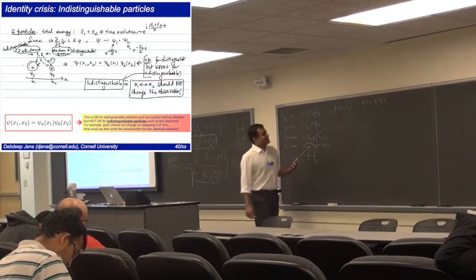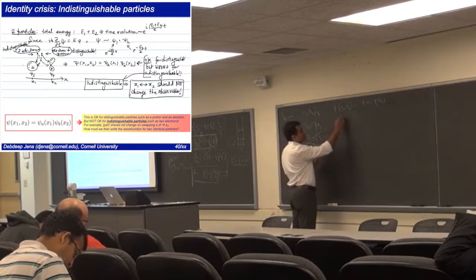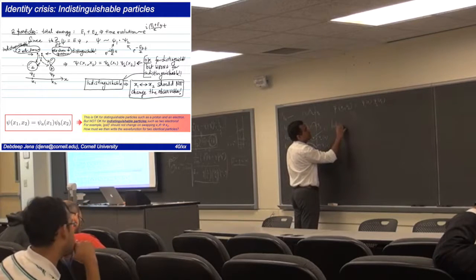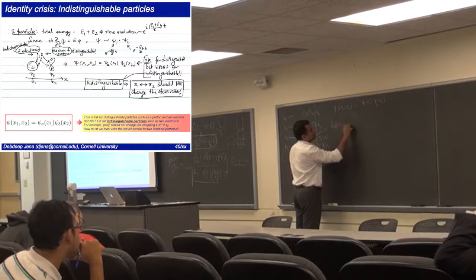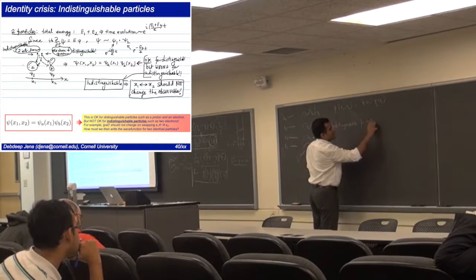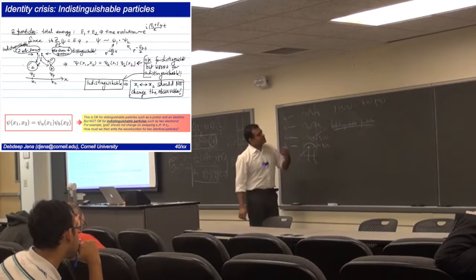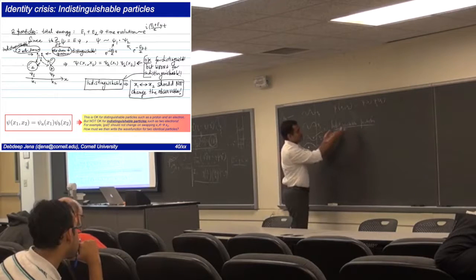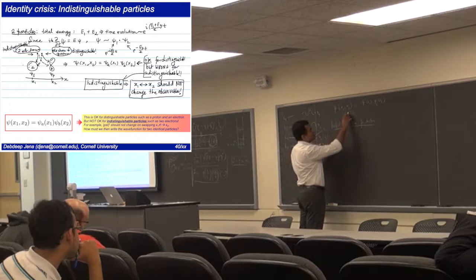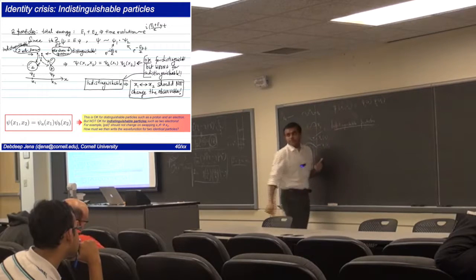And the reason for that, mathematically, how do you prove that? You say that, well, if they are indistinguishable particles, and this is really what we're getting into, then if I switch x1 and x2, nothing should change, right?